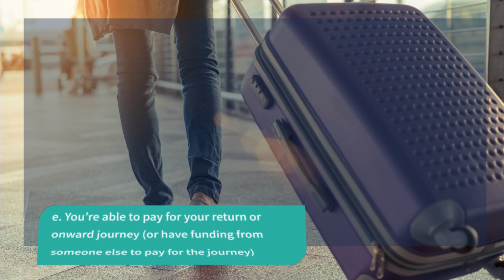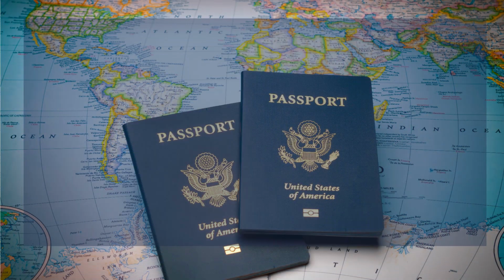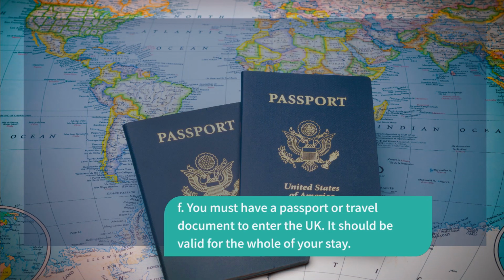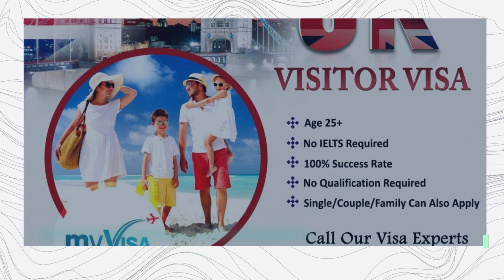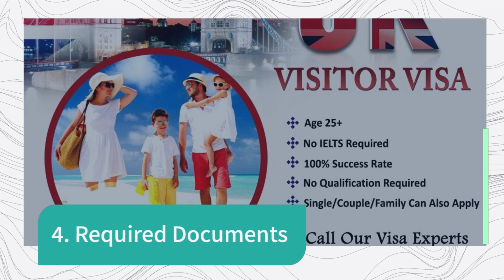D. You must prove your intention to leave the UK after your course is completed. E. You're able to pay for your return or onward journey, or have funding from someone else to pay for the journey. F. You must have a passport or travel document to enter the UK. It should be valid for the whole of your stay.